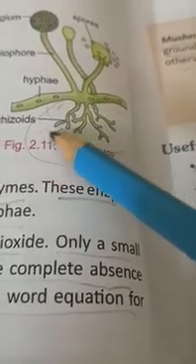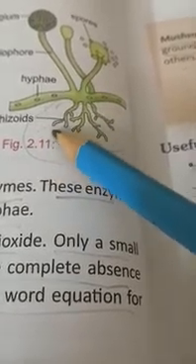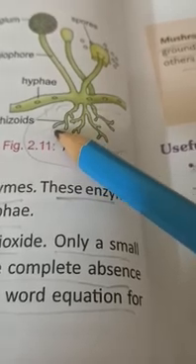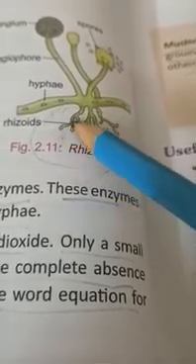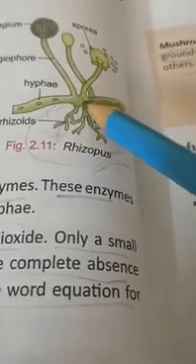Then the food material gets dissolved and becomes liquid-like, and that liquid is the digested food which is absorbed by the rhizoids and supplied to all parts of the fungus. So here the digestion is taking place outside the fungal body.